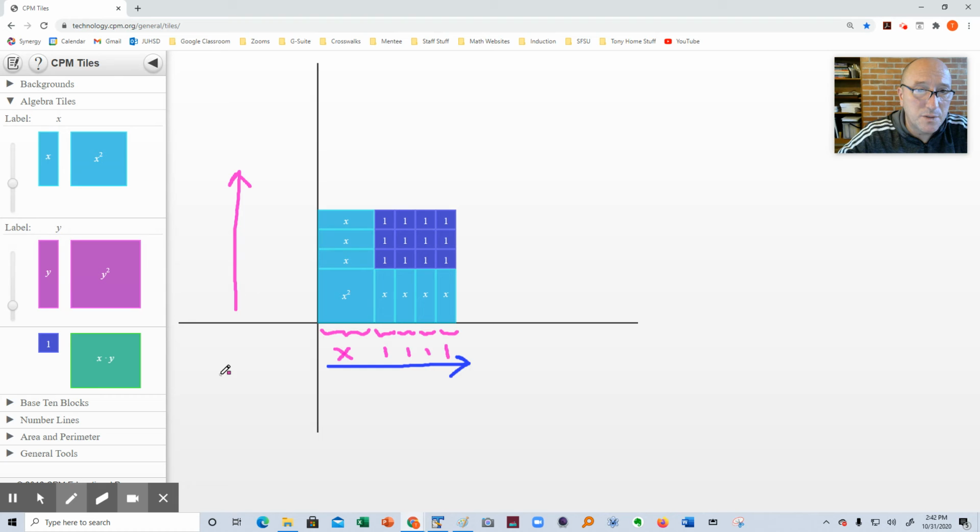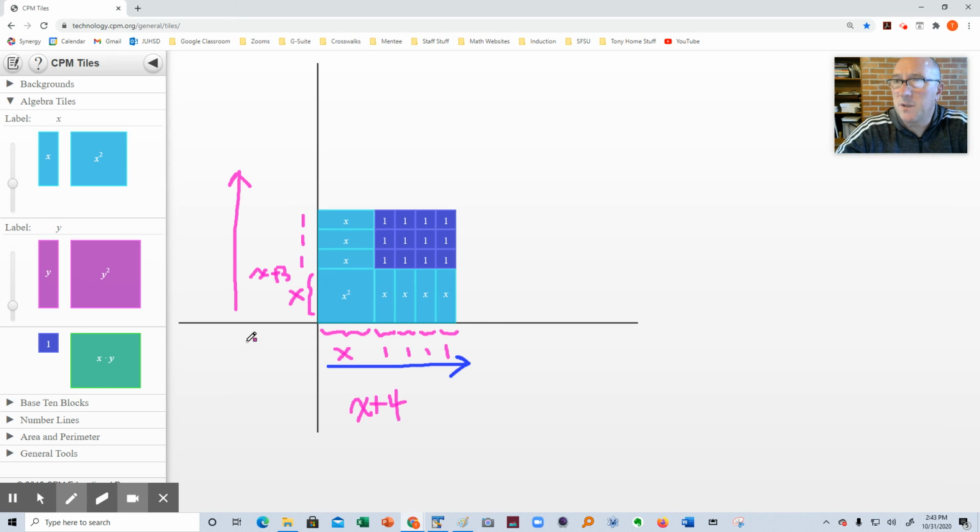Likewise, along the vertical axis, we have something which is also x units tall. This is also 1 unit tall and 1 unit tall and 1 unit tall. So along the bottom, it looks like we have x plus 4. And along the top, it looks like we have x plus 3.